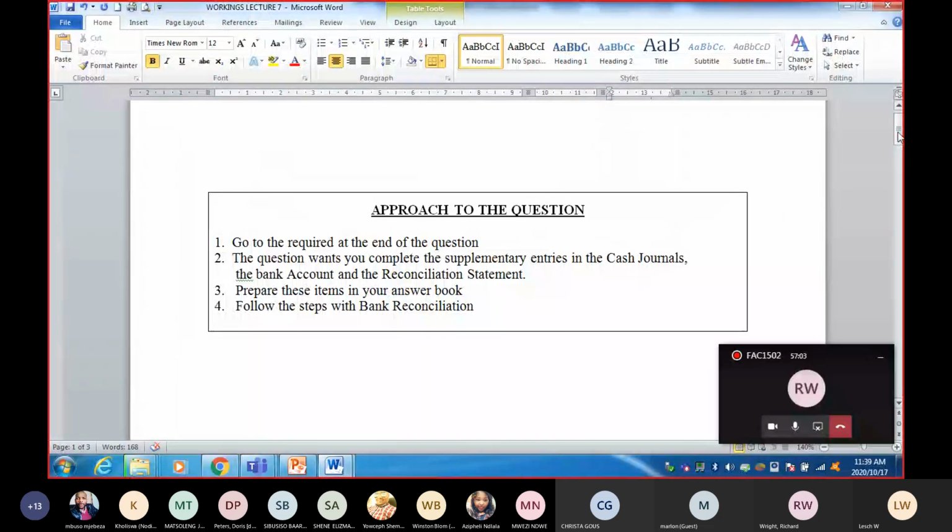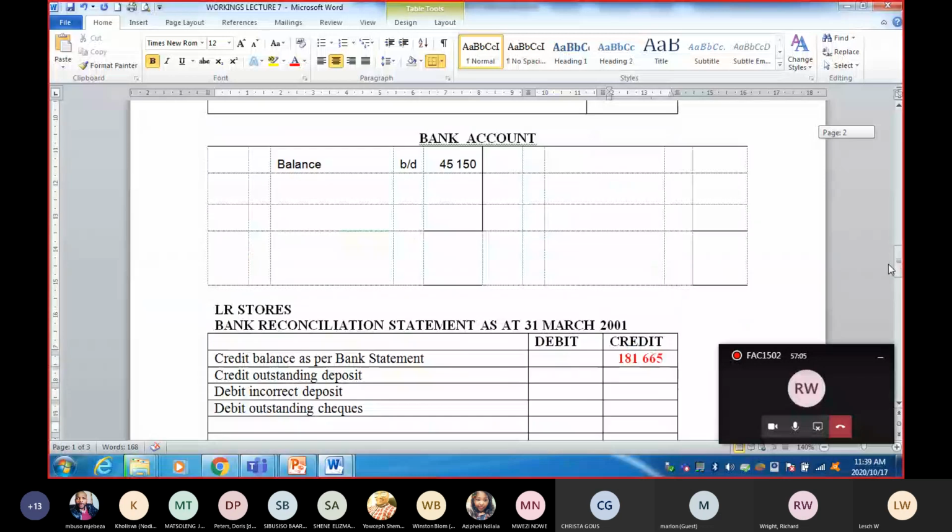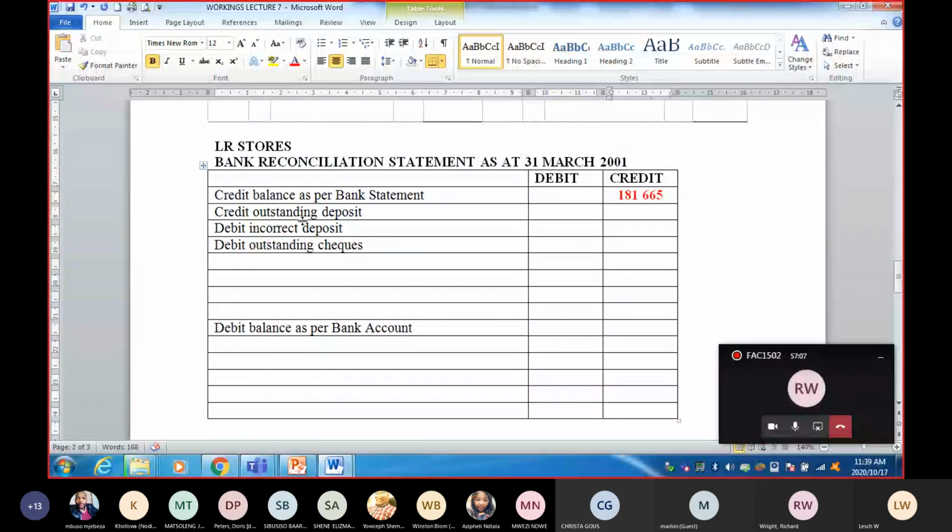In your bank reconciliation statement, you are now going to write: credit the outstanding deposit. The outstanding deposit that is in our cash receipts journal, not yet on the bank statement, is an amount of 5,000 Rand. Okay. The first part of that step is now done.